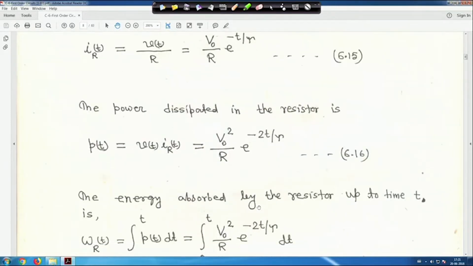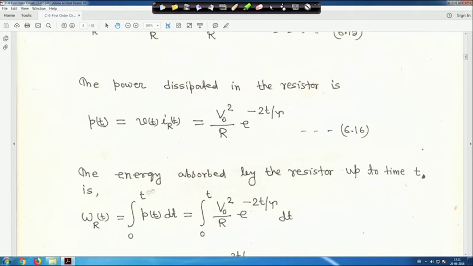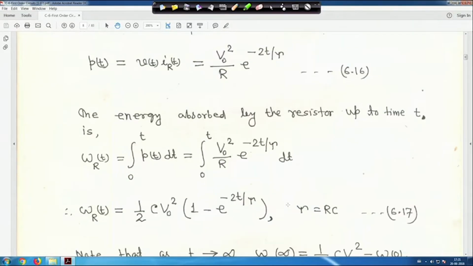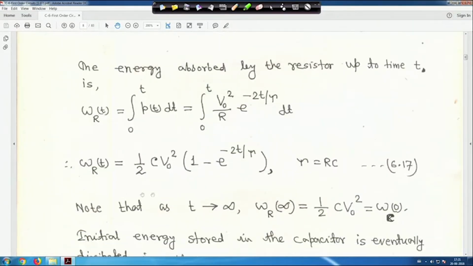So, the energy absorbed by the resistor up to time t, W R at t, is the integral from 0 to t of P t dt, right. P is a function of t. So, from 0 to t, this is equation 16, V 0 square upon R e to the power minus 2 t upon tau dt, right. If you integrate this, with tau is equal to R C, the time constant, you get half C V 0 square into 1 minus e to the power minus 2 t upon tau.